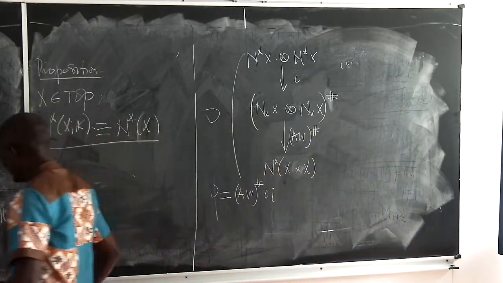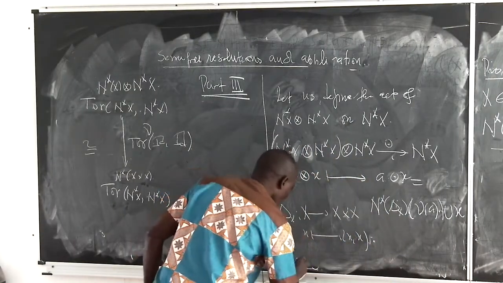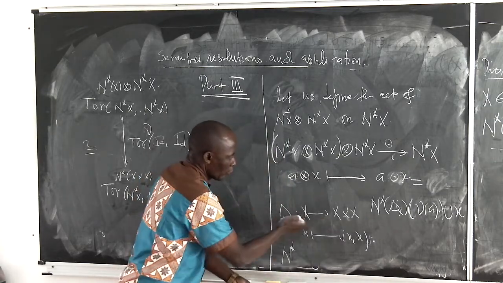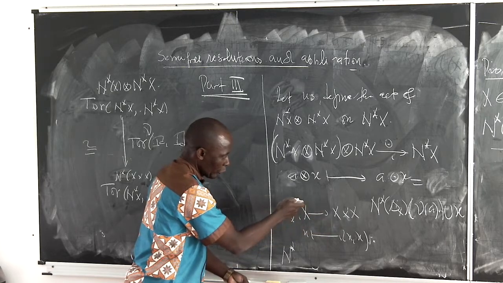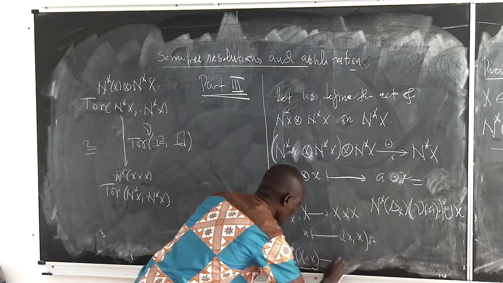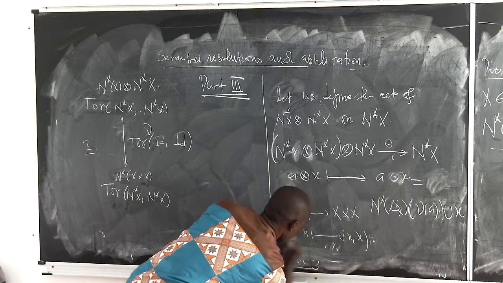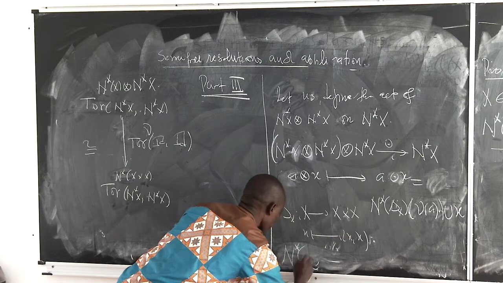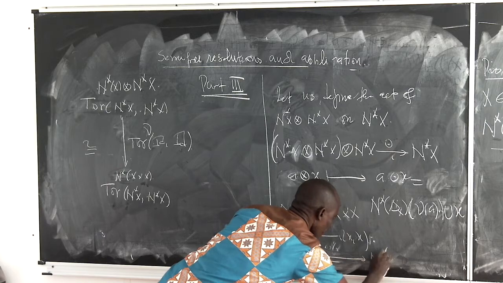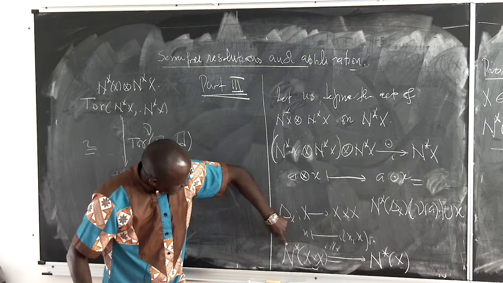Since N is a covariant functor, this functor permutes the domain and the codomain here. So we have delta cross delta of N delta of X. I'm saying that N is a covariant functor.